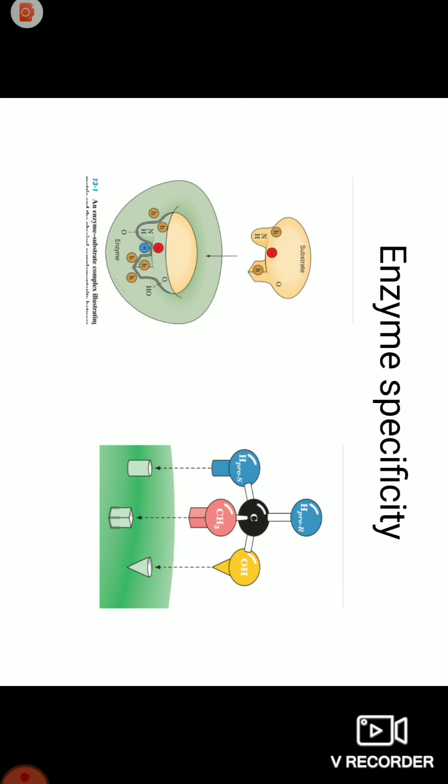Once the binding of these two has happened and the complex is formed, we call it the enzyme substrate complex. So this structural binding feasibility should be there for an enzyme to bind with its substrate.